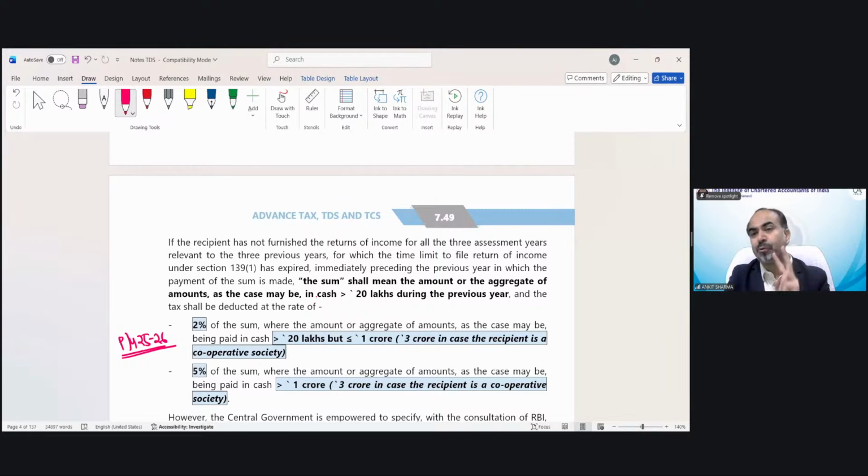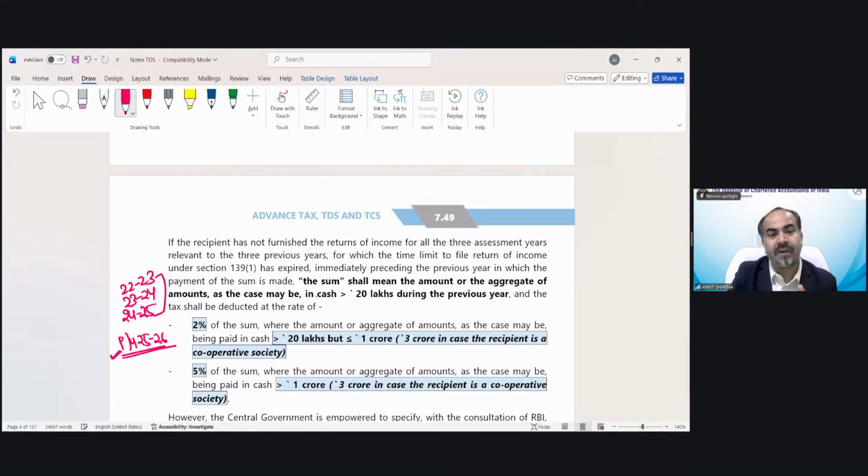The provision says the rate was 2% if the amount exceeds 1 crore. But a restriction has been imposed that in the preceding 3 previous years, that means 24-25, 23-24 and 22-23.